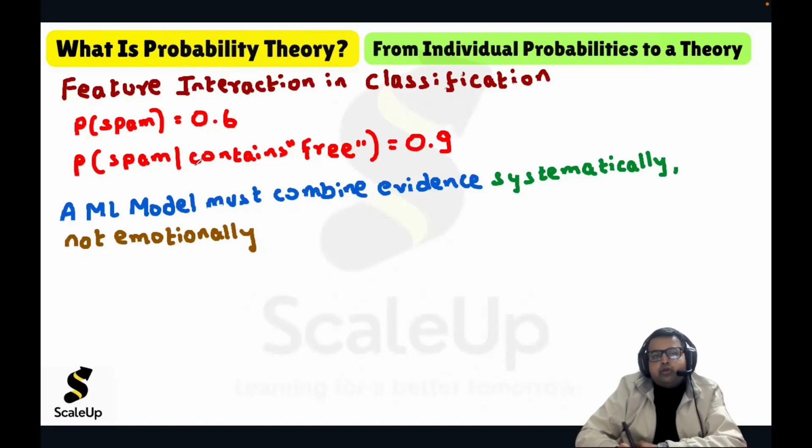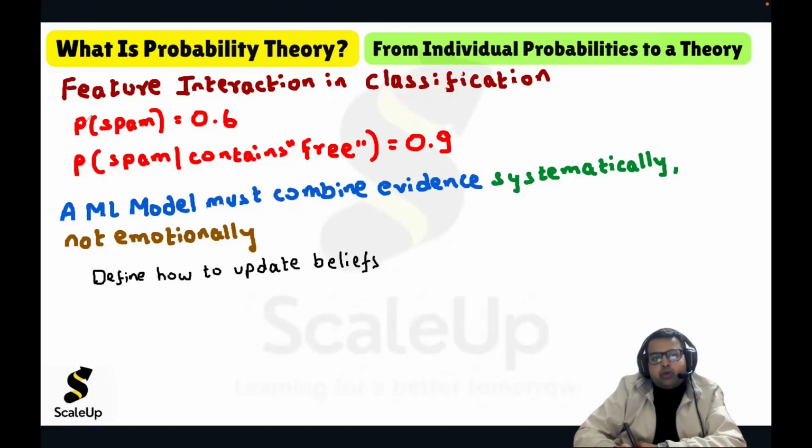There should be systematic rules using which we can calculate the probability of the given email being spam, provided it contains the free keyword. And those rules we will study in probability theory. Probability theory defines those rules, because they will help us. It will define how to update beliefs.